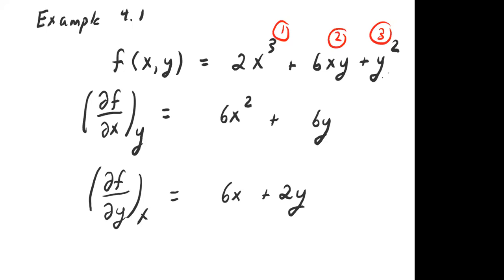Now, I will say this now and use this later. Sometimes this notation is cumbersome. So another way to write the partial of f with respect to x holding y fixed is just partial sub x of f. And similarly, the partial derivative of f with respect to y holding x fixed is just partial sub y of f.